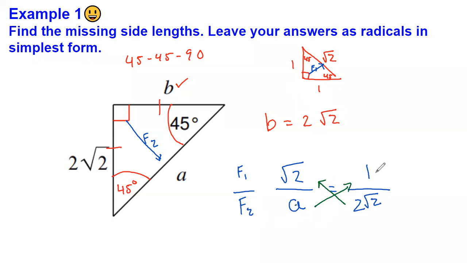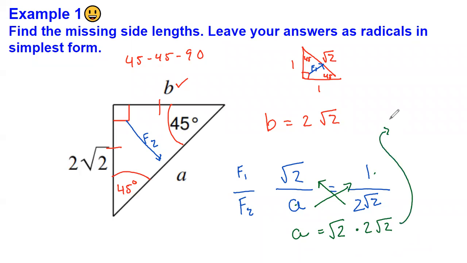So we have A times 1, A, equals square root of 2 times 2 square roots of 2. I'm going to write it out. Whenever I multiply radicals, I can put the numbers inside my square roots together. So this is what I'm talking about.